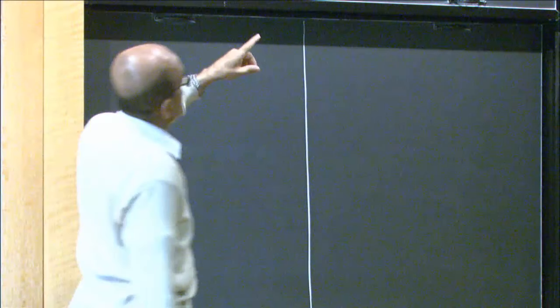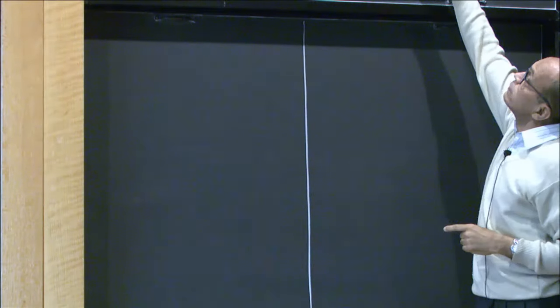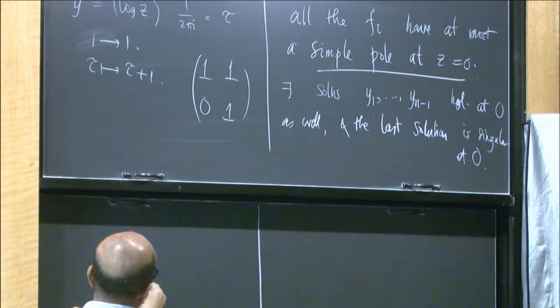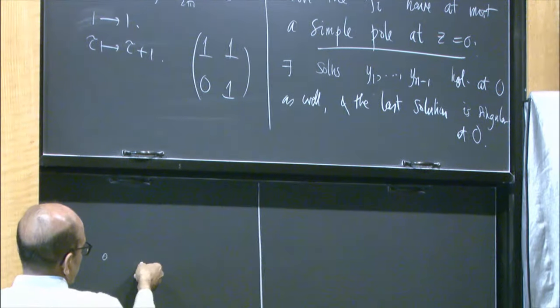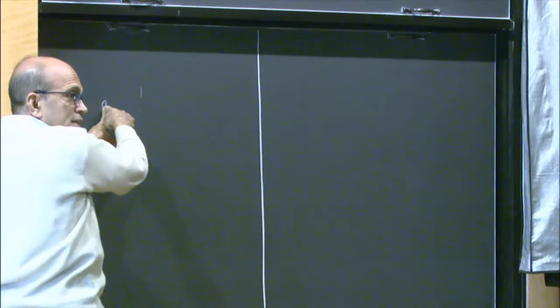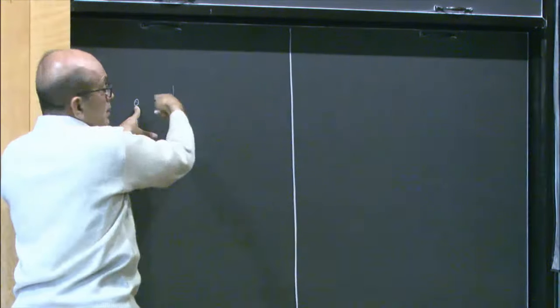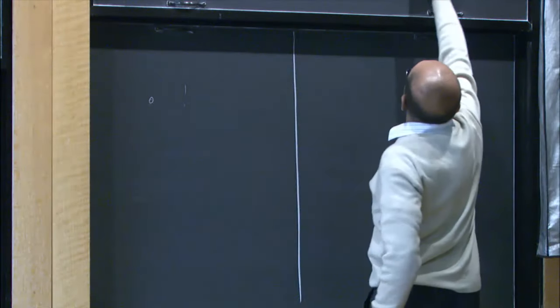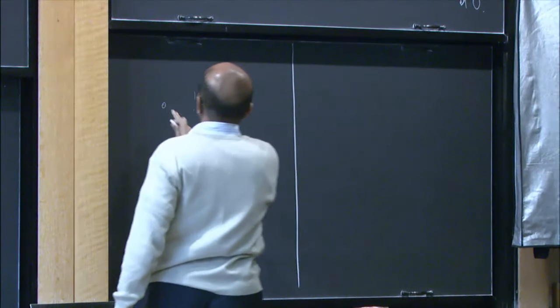Okay, so what does it mean in terms of monodromy? It means that the monodromy matrix acts trivially on these, because if I have a function which is holomorphic around 0 and I analytically continue this along this loop and come back, because it extends to the puncture, the solution does not change. So all the y_i's are fixed under monodromy.